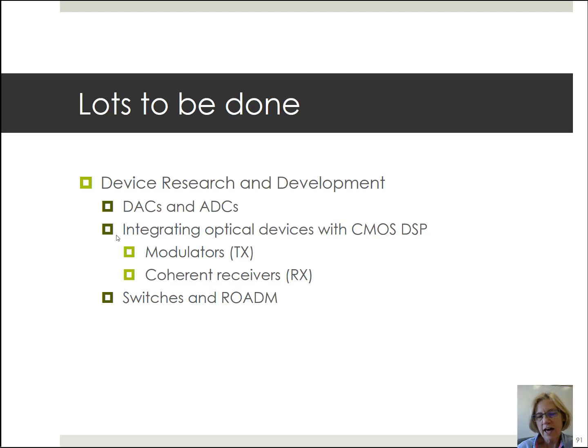So we have a lot of DSP going on, either generating the OFDM at the start before it goes to the DAC or after the ADC, and processing our signal to get the best performance out of it. So we are now looking at integrating optical devices on the same manufacturing fabrication process for CMOS, which is what we're using in our electronics.